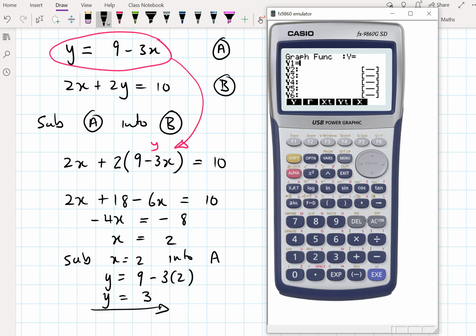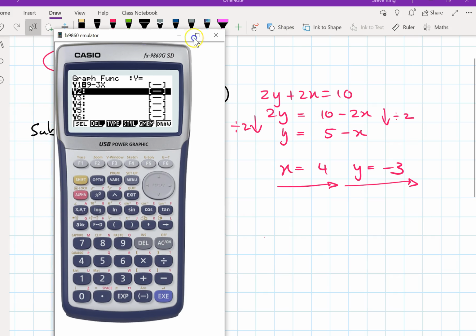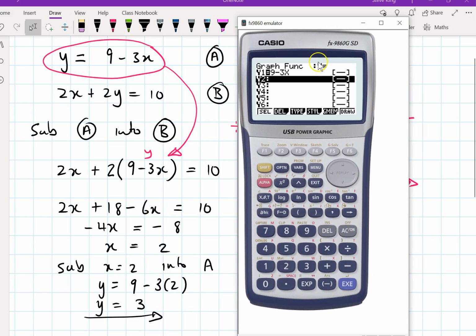So I now just need to put in the equations of the two functions here. The first one, can you see over here, it says y equals, I've got my equation in that form, y equals 9 minus 3x. And I'm going to use this key over here to denote my x. So I've got my first equation entered in.